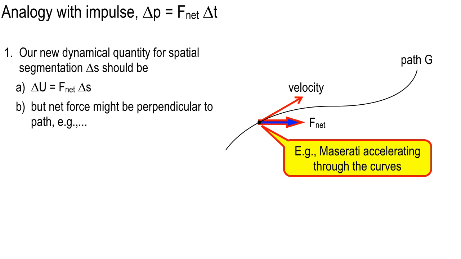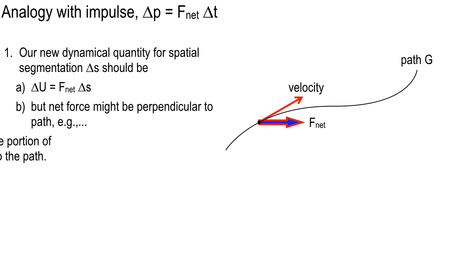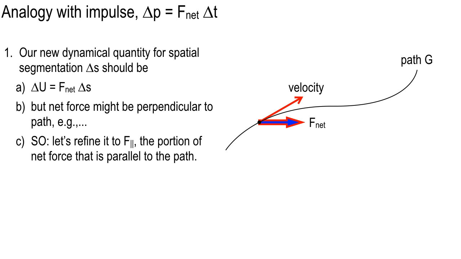So there's some centripetal and there's some tangential force for this car driving through the curves. So let's refine the force in this, my hoped-for formula. Instead of using F net, let's use F parallel, the portion of the net force that is parallel to the path.